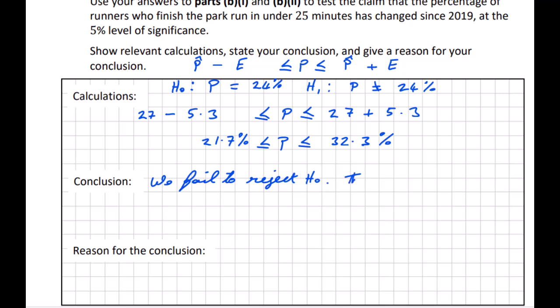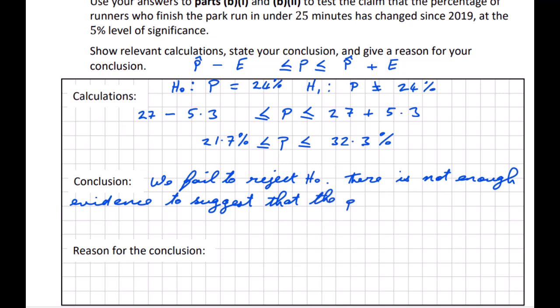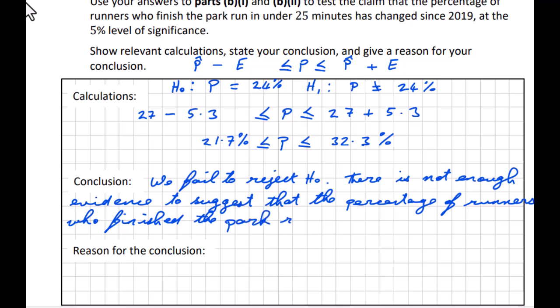And we would say something like, there is not enough evidence to suggest that the percentage of runners who finished the park run in under 25 minutes has changed since 2019.